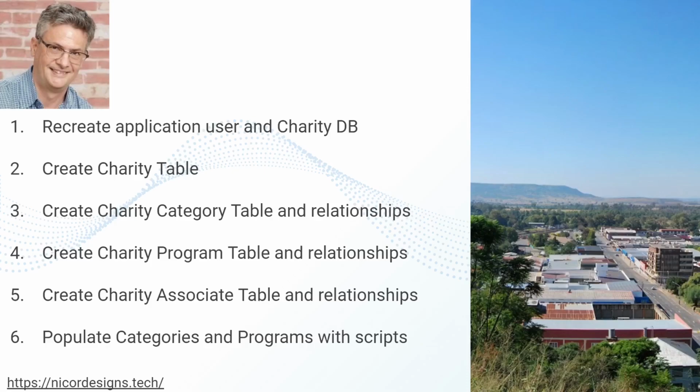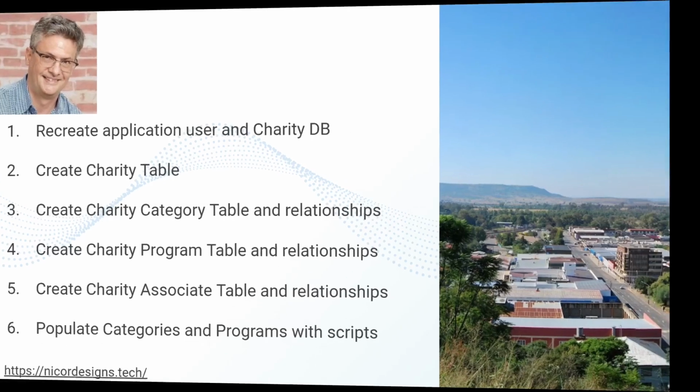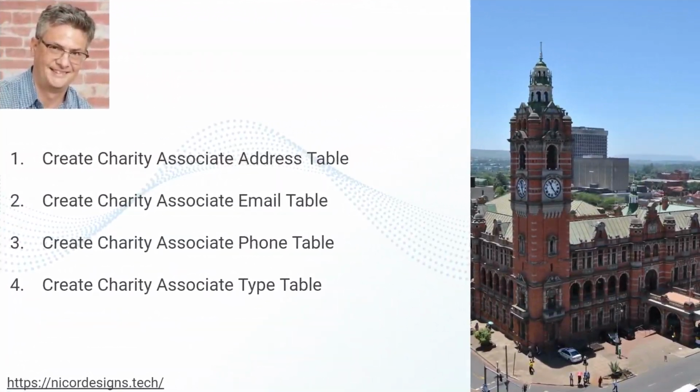And then we will populate the categories and the programs. Once that part is done, we will create our associate address table, our associate email table, and our associate phone table. And then finally, our associate type table.